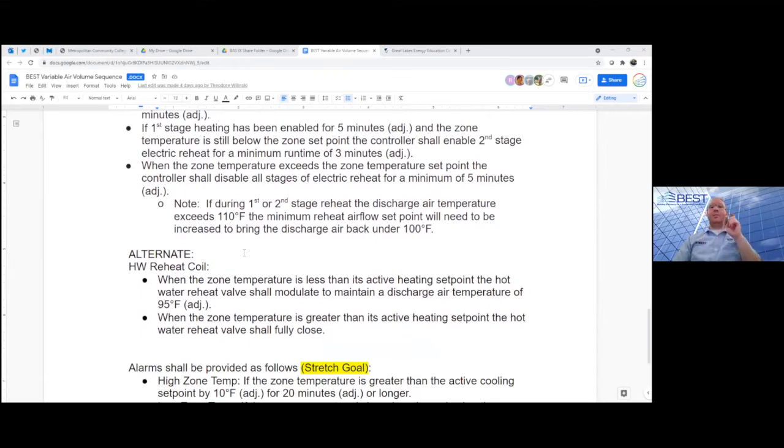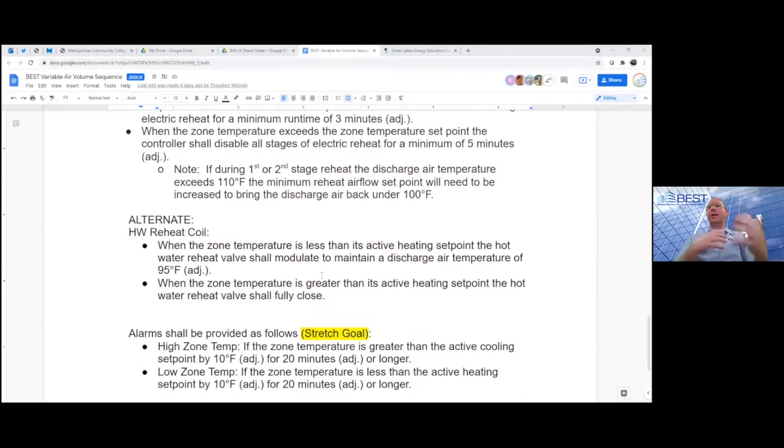Because I want to talk about our hot water or modulating electric or steam type reheat situations, where we have a 0 to 100% signal that we are sending out to a system.